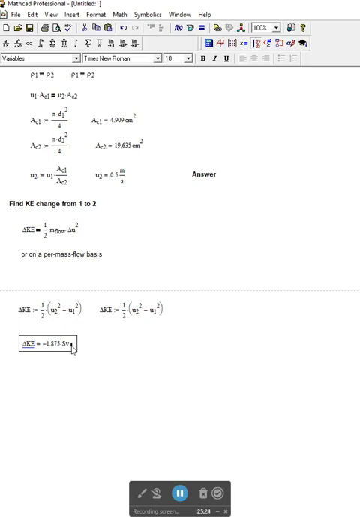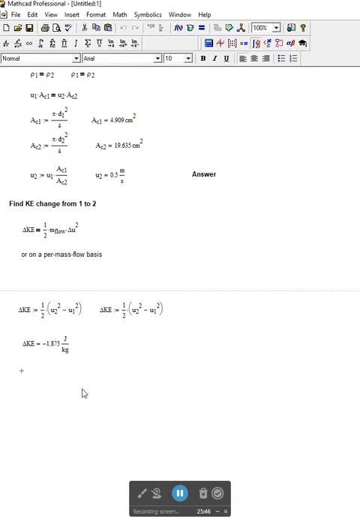And so letting MathCad do the work, see this little cursor here? I just click on that, and I want my answer in joules per kilogram, so let's make it do joules per kilogram. So joules, J is defined in MathCad, that's one of the base SI units, per kilogram. Enter, I've got my answer.